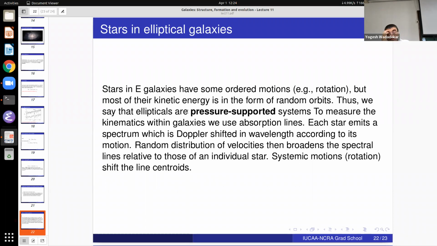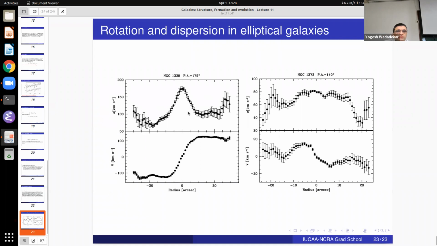So this is what you would get for elliptical galaxies. There are two galaxies, one on the left and one on the right. What is shown in the bottom panels is the velocity as a function of radius, right?